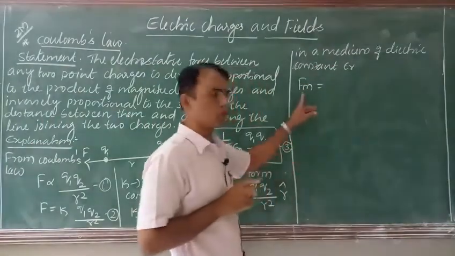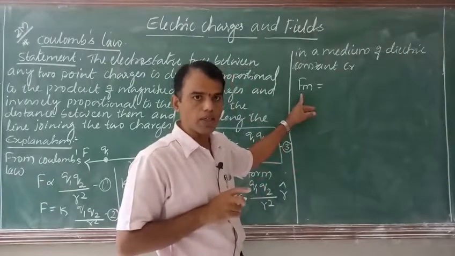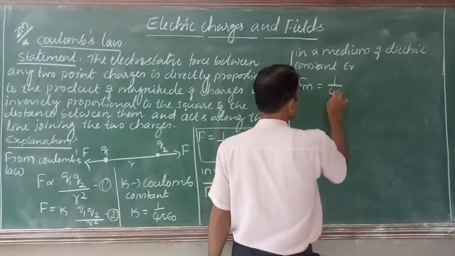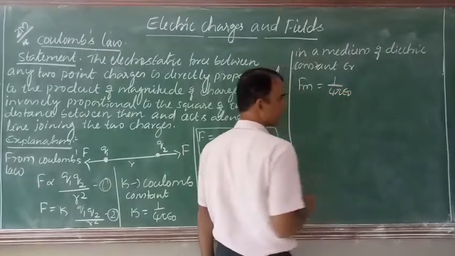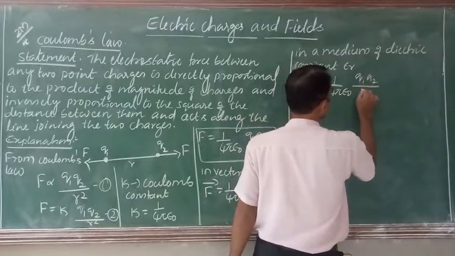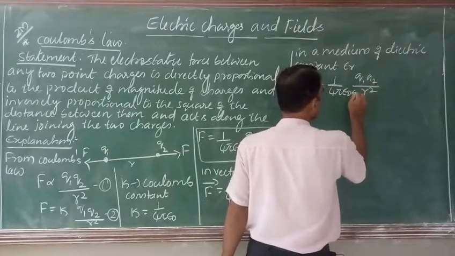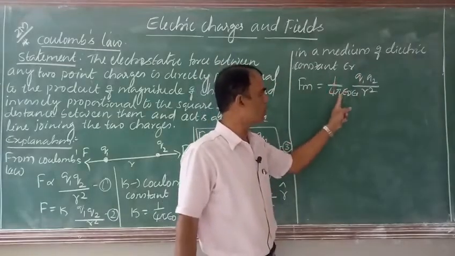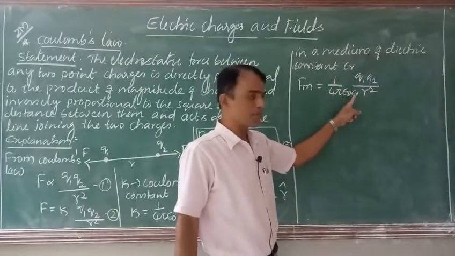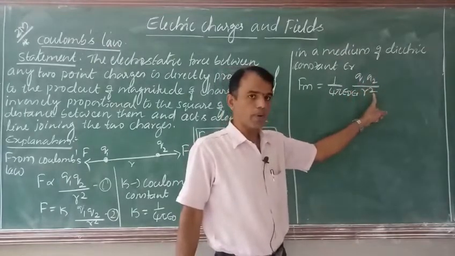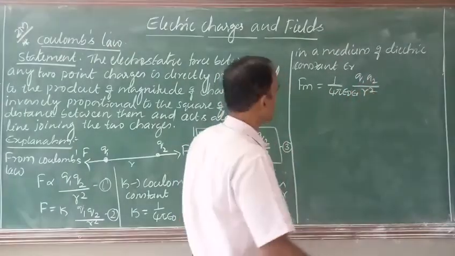Force between two charges with a dielectric medium is given by Fm is equal to 1 by 4 pi epsilon naught Q1 Q2 divided by R square into epsilon r. That is 1 by 4 pi epsilon naught epsilon r into Q1 Q2 divided by R square.